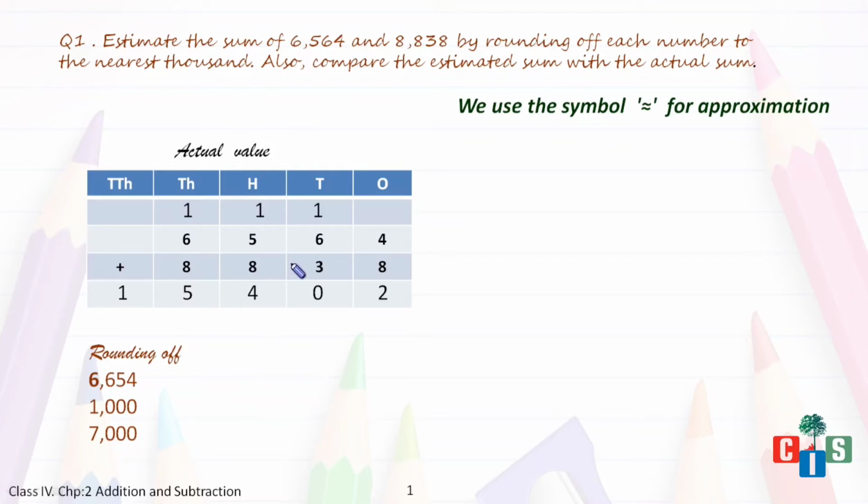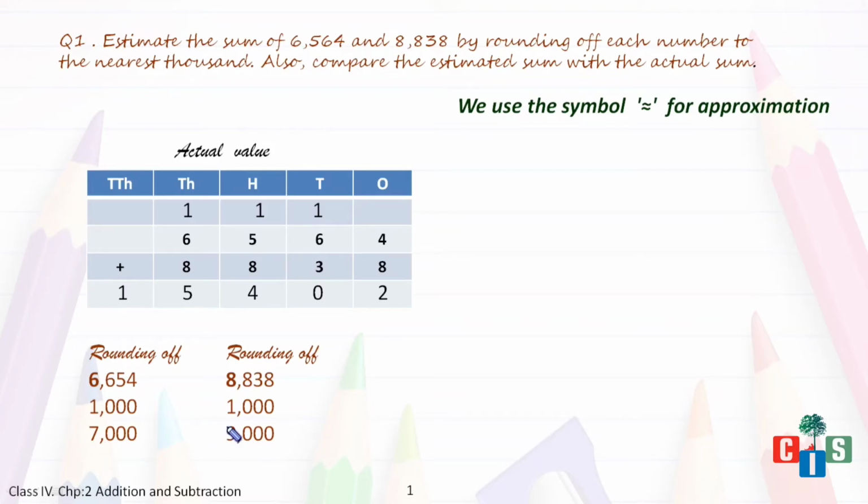Then rounding off the second number, that is 8,838. The digit to the right of the rounding off place, 8, is greater than 5. So I add 1 to the rounding off place, and that will turn up to be 9,000.